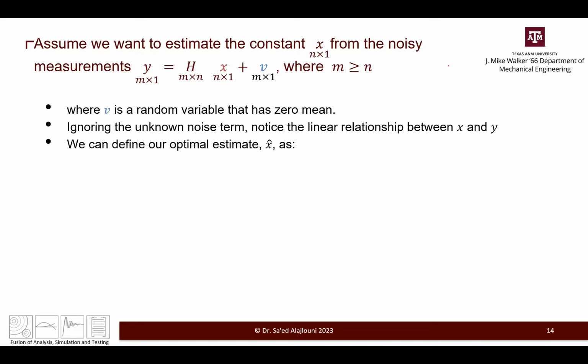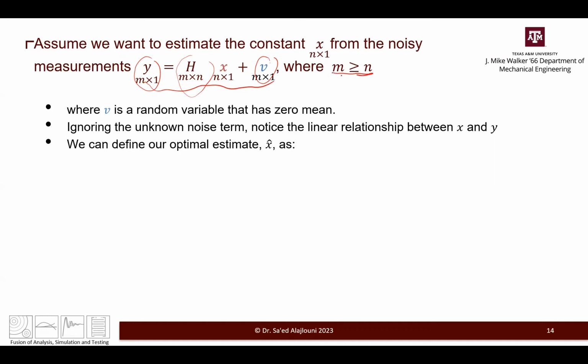So assume we have some measurements or observations, and this model is our measurement model. And these measurements are noisy. They're corrupted by this zero mean noise vector. Let's assume that H is a known m by n matrix, and the measurements are m by 1.